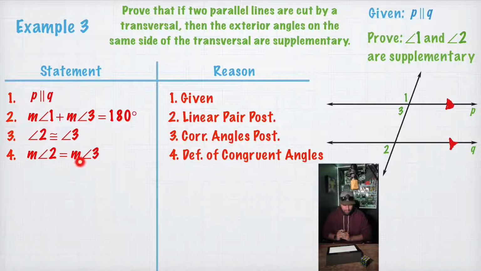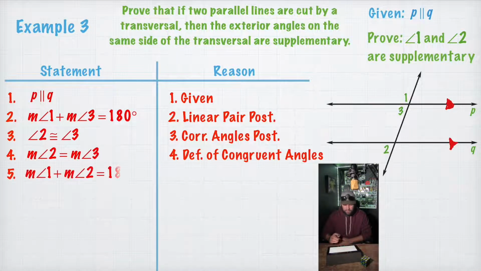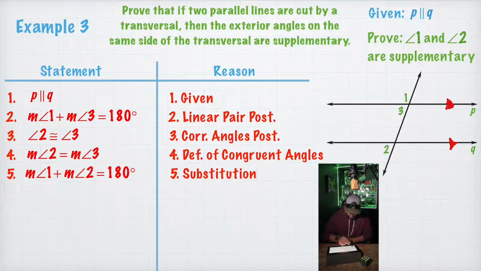We know that the measure of angle 1 plus the measure of angle 3 equals 180 degrees. So we can say that the measure of angle 1 plus the measure of angle 2 equals 180 degrees. What we did here is substitute the 2 for the 3 in this equation.